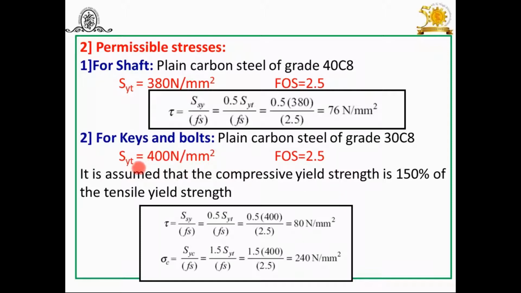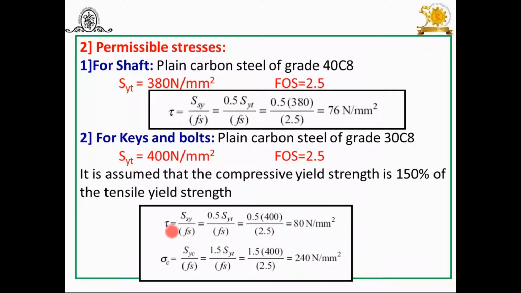So first of all, find out tau permissible for key and tau permissible for bolt. They are made up of the same material, so we get the same value. Tau permissible for bolt and key is equal to SSY upon FOS, again 0.5 SYT upon FOS. In this case SYT is how much? 400. That's why 0.5 into 400 by 2.5.